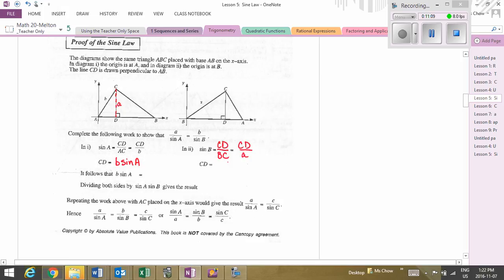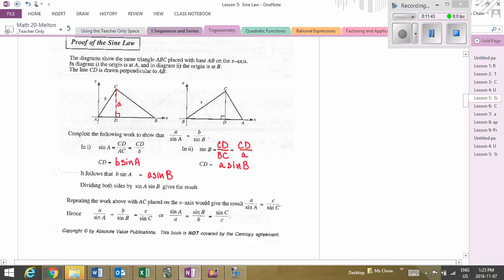So similarly, we can say that sine B is CD over a, or CD is equal to a sine B. So since CD equals b sine A, and CD also equals a sine B, then b sine A must equal a sine B. If we divide both sides by sine A sine B, then that's where we end up with our sine law.